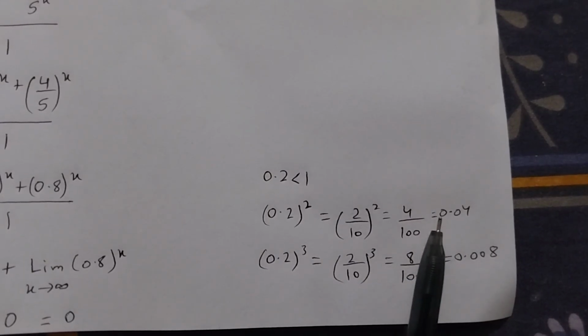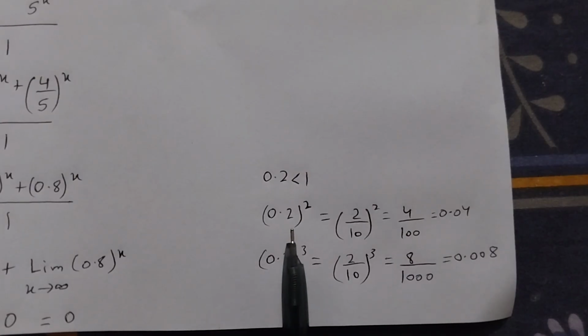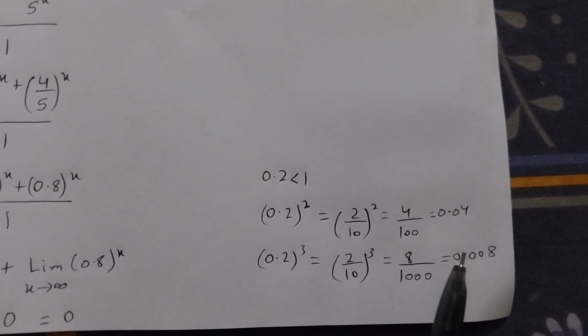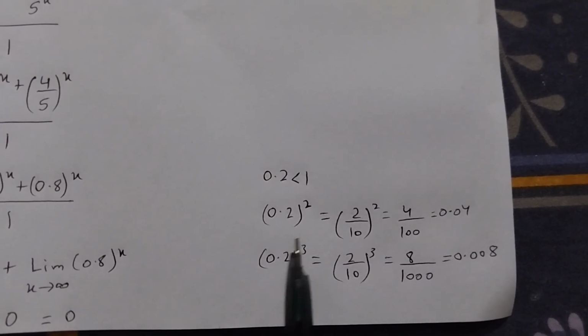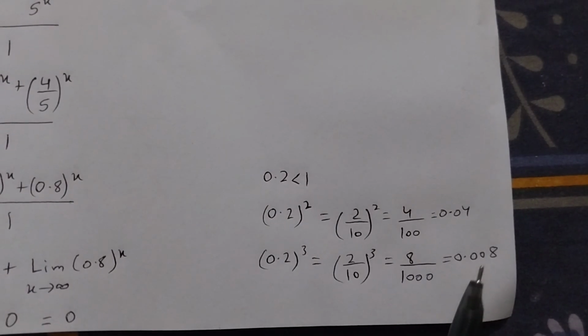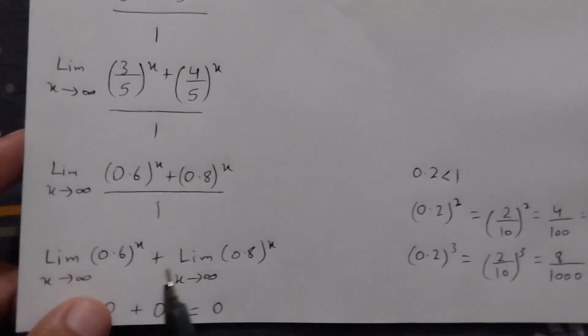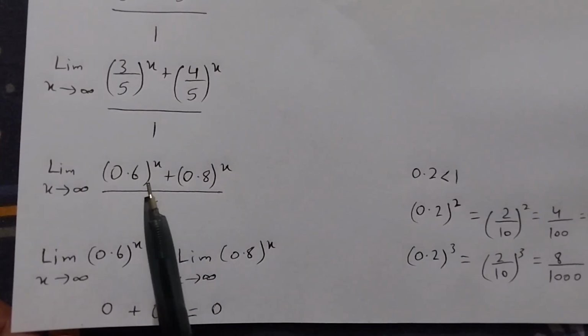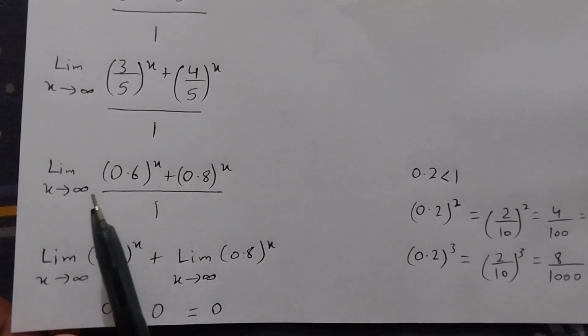You got a number which is smaller than the original number, and if you take its cube, you get an even smaller number. So whenever a number less than 1 is raised to higher powers, its answer gets smaller and smaller and closer to 0. Here we have two numbers, 0.6 and 0.8, and they are raised to a very huge power.